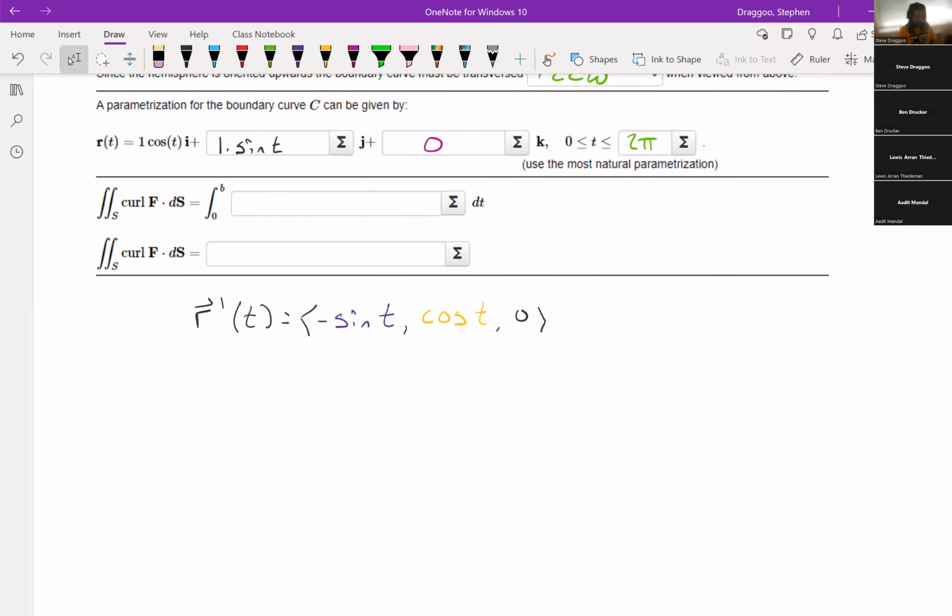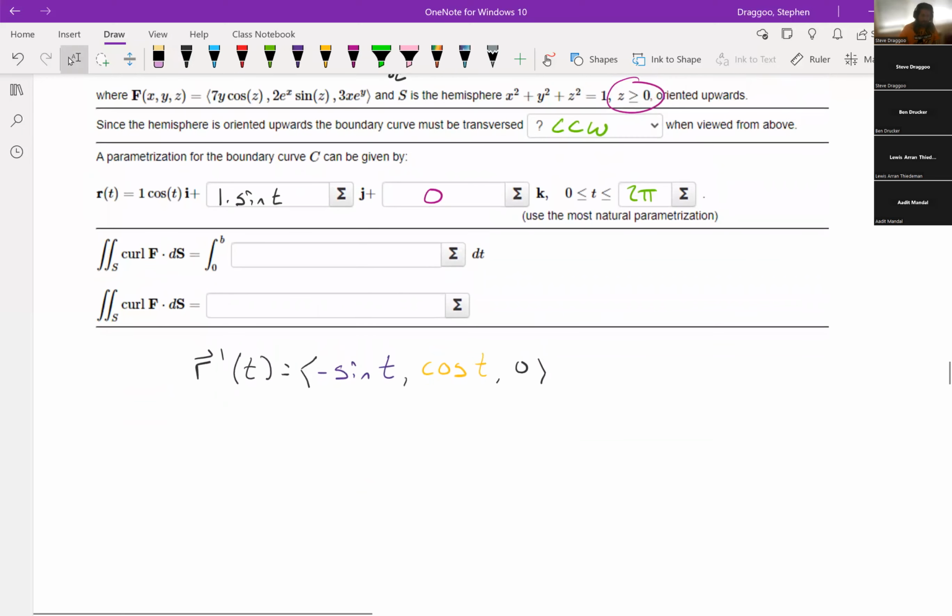So let's set up this integral. I'm saying that Stokes theorem, S for Stokes, it's actually S for surface, but it's kind of funny it works out that way.